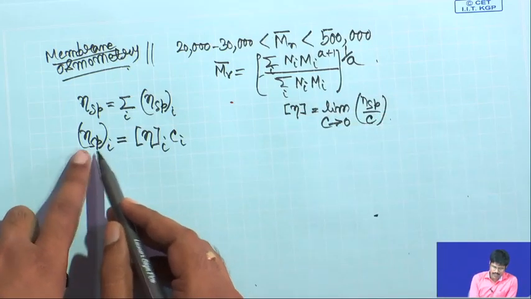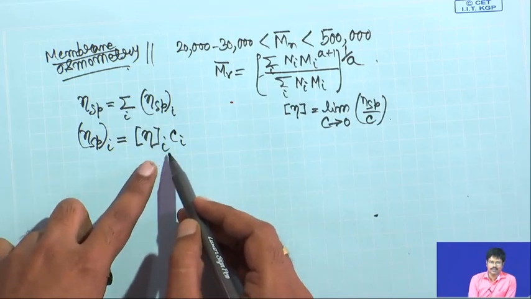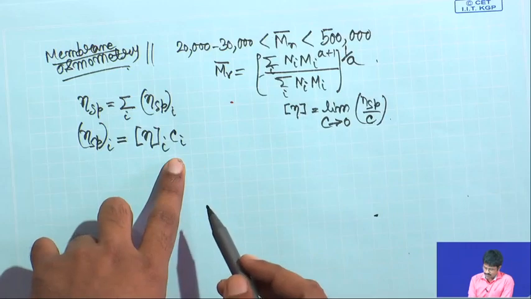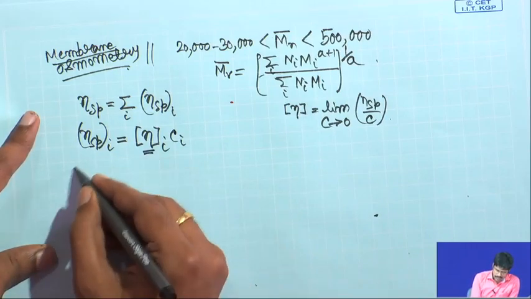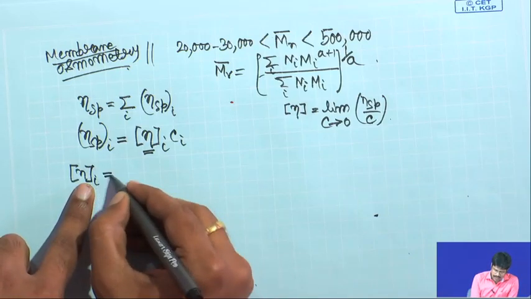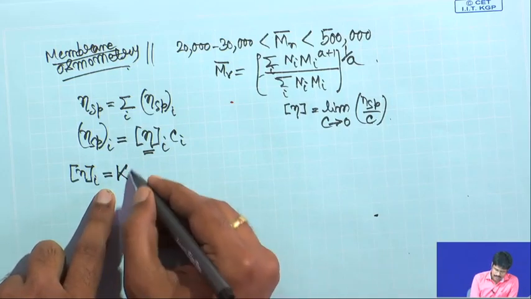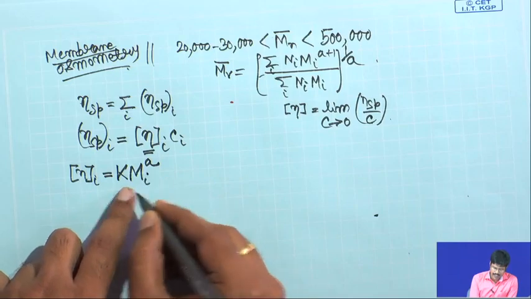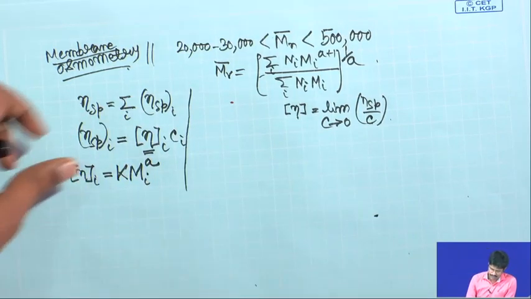So, the specific viscosity of the ith species is equal to the intrinsic viscosity of the ith species into the concentration of the ith species. And what about the intrinsic viscosity of the ith species? You can use the Mark-Houwink equation for this, which is K into M to the power a, where M is the average molecular weight of the ith species. So, these three relations are important here.